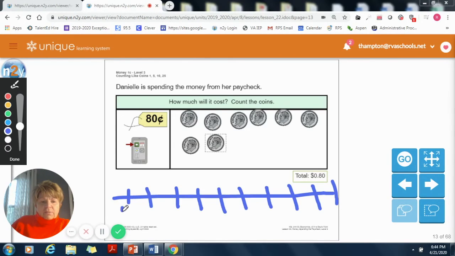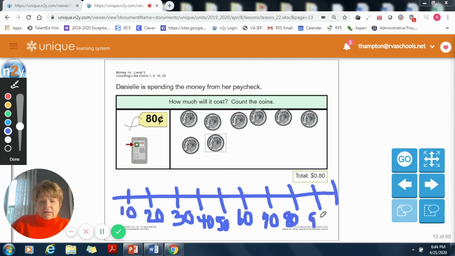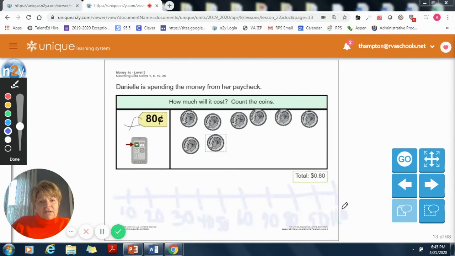And we can count by 10, 20, 30, 40, 50, 60, 70, 80, 90, 100. Did we need 100?